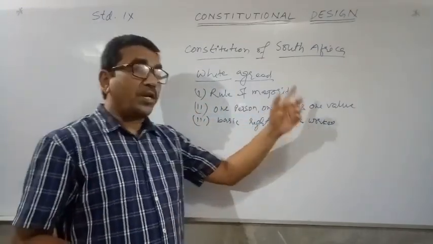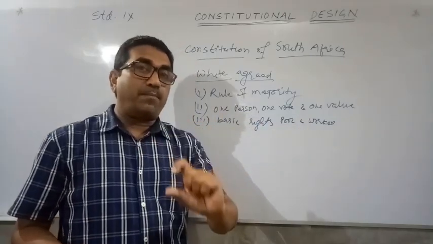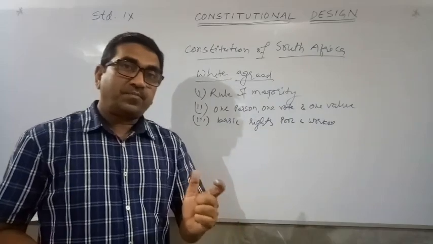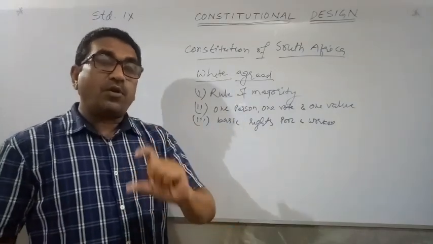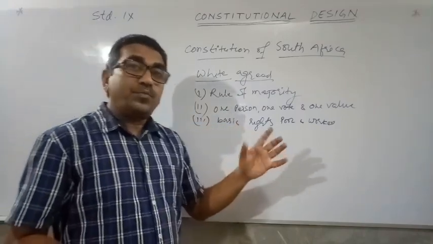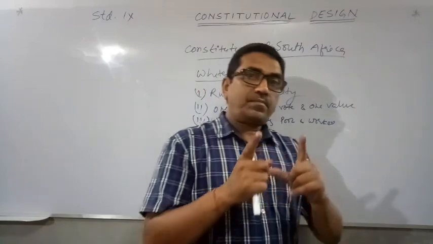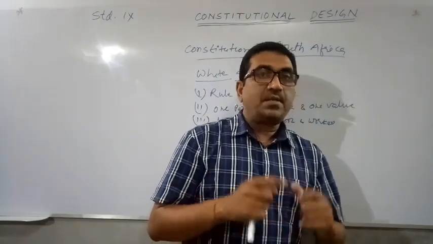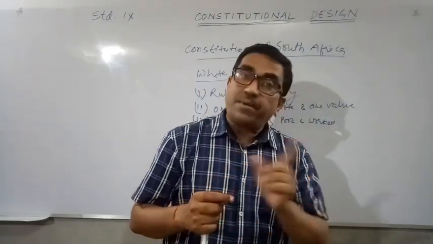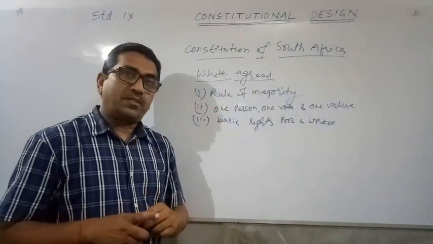One person, one vote and one value. On one platform they brought equality before the law, political equality, and basic rights to the poor. Who were the poor? The blacks, the Indians and the colored. Whites were not poor. Basic rights should be given to the poor and the workers.